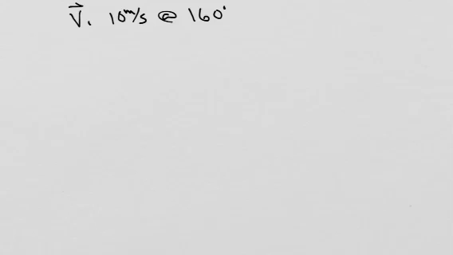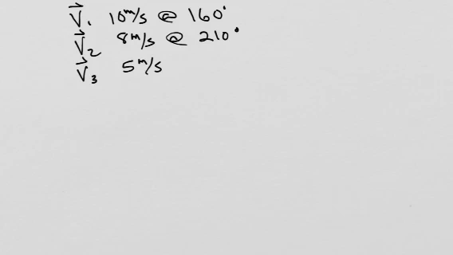She then cycles for 8 meters per second at a direction of 210 degrees. And finally, she's going to cycle at a velocity of 5 meters per second at a direction of 330 degrees.